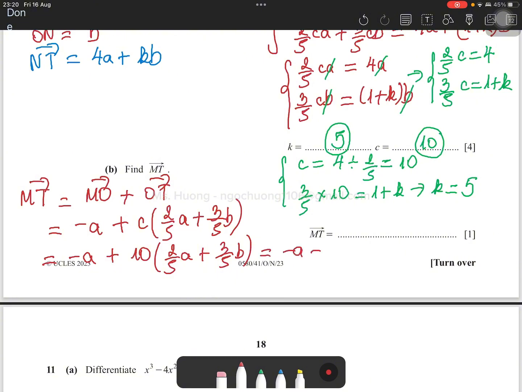This is negative A plus 10 times 2/5 is 4A, and 10 times 3/5 is 6B. So negative A plus 4A is 3A, plus 6B. So the answer is 3A plus 6B.